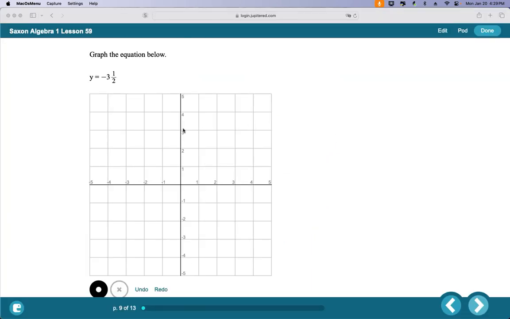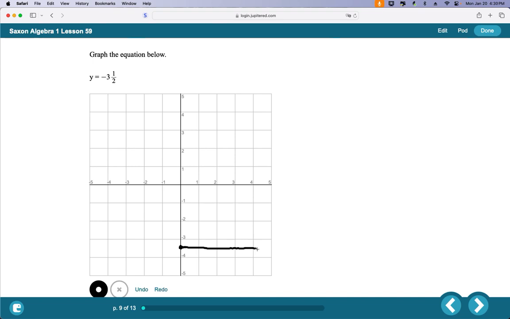All right, here's the next one. It says graph the equation below. Y is equal to negative 3 and 1/2. What we're looking for here is a line. It doesn't matter what x is, y is always negative 3.5. So just making the dot is not enough.